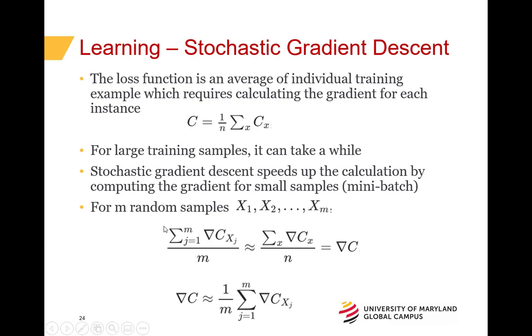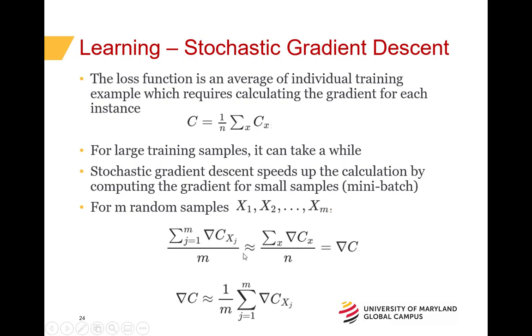For m random samples, so you have x1 to xm samples, you calculate the gradient for each one of them, and you sum over and divide by m. That gives you the average, and that is approximately equal to doing it on individual instances and taking the average, right? If you calculate the gradient for each and take the average, we have to divide by n.